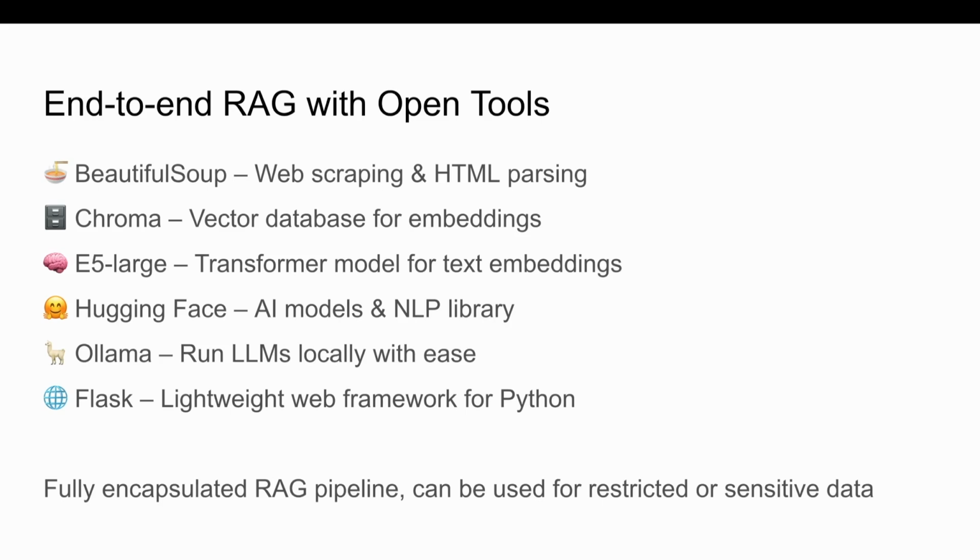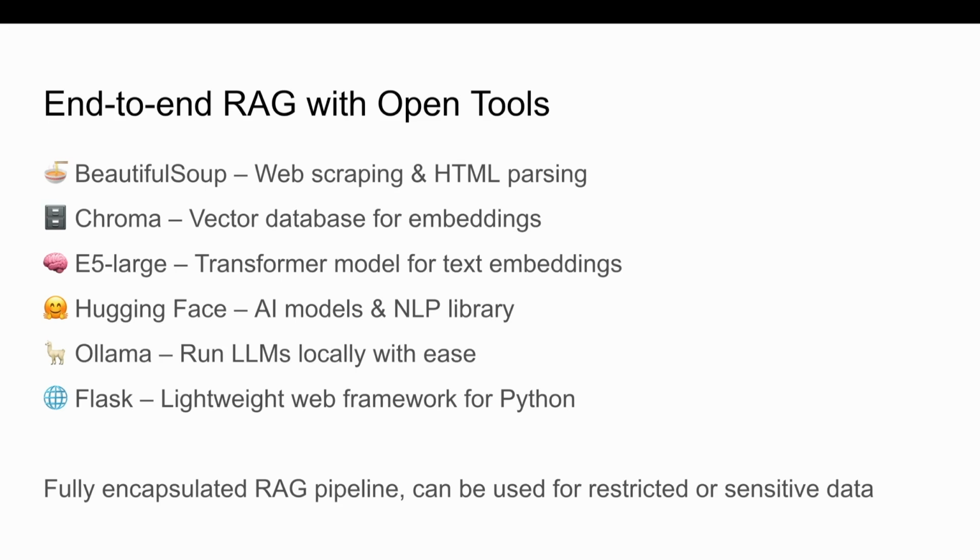And again, I am not an overly technical person. I used ChatGPT Pro and Claude Pro to help me write the Python and create the Flask web apps. All of the components that go into these are open tools, and you're able to build an end-to-end RAG pipeline that can be encapsulated on local hardware.